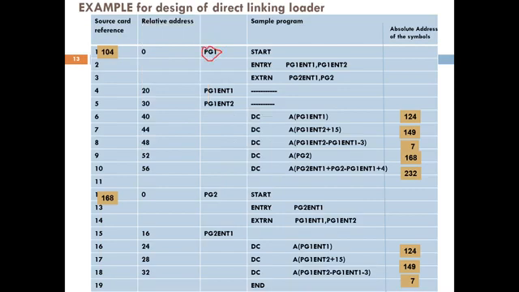Relative address is starting from 0, and it goes on, let us say, till 60. Maybe it is a 4-byte instruction or a 4-byte value declaration. Whatever it is, it is going to go from 0 to 60, let us say. This is a program whose name is PG1.